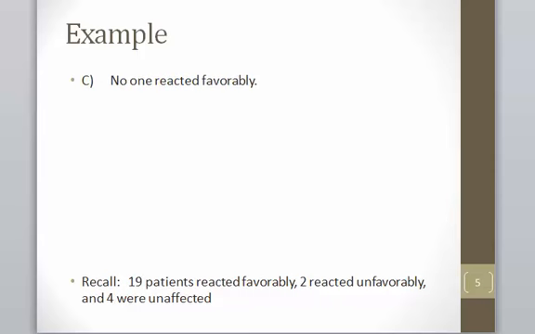All right, let's look at part C of this problem. We want now the probability that no one reacted favorably. So what does that mean? We're still selecting 3. That means the probability that the first patient does not react favorably.